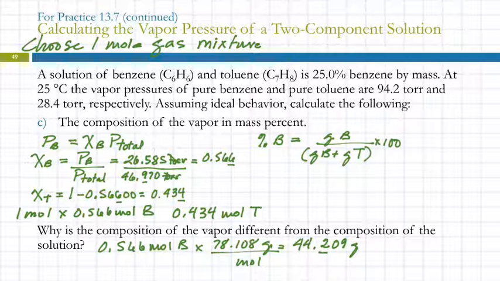There's no shortcut to finding the grams of toluene. I got my moles of toluene there. I need to multiply by toluene's molar mass. It's hiding up here somewhere. 92.134. 39.986.